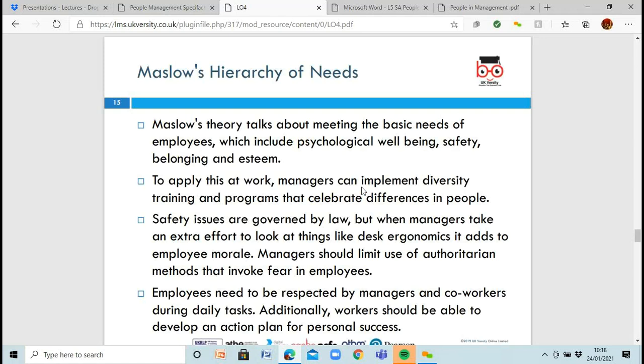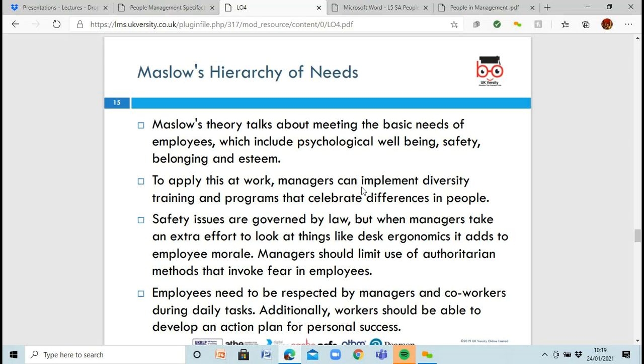So Maslow's theory actually, like I said, talks about meeting the basic needs of employees. So like psychological, where their well-being is being looked after, they're safe, they belong, and they have good self-esteem. So for this to be applied at work, managers actually implement a diversity of training needs. So what they do is they celebrate people's differences and make sure that everybody is involved and included. Safety issues, obviously they're governed by law.